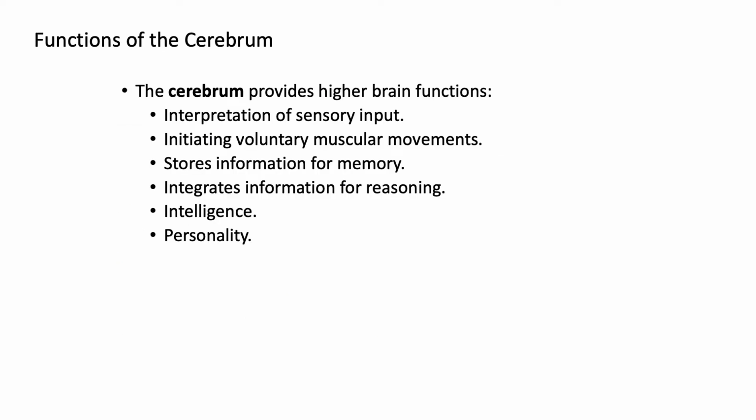Functions of the cerebrum include interpretation of sensory information. There's a specific area in the cerebrum which actually senses the sensory information coming from various parts of the body. Cerebrum is also responsible to initiate voluntary muscular movement.